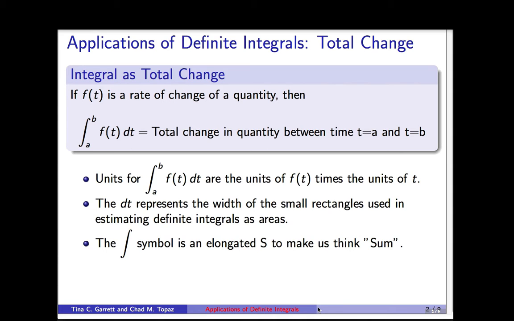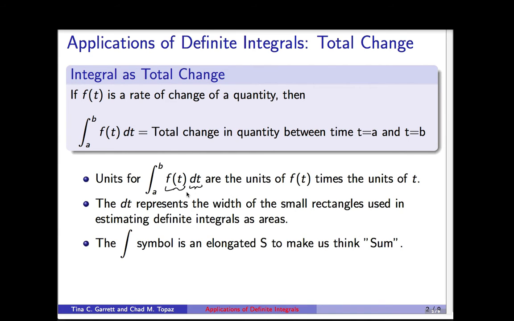So a couple things before we jump into some examples. A little bit more information about the definite integral symbol and what some of the notation means. If you look at the definite integral symbol and you want to think about what the units for that are going to be, if f is a rate of change, for example feet per second, this dt essentially represents a small bit of the variable t, which is time.